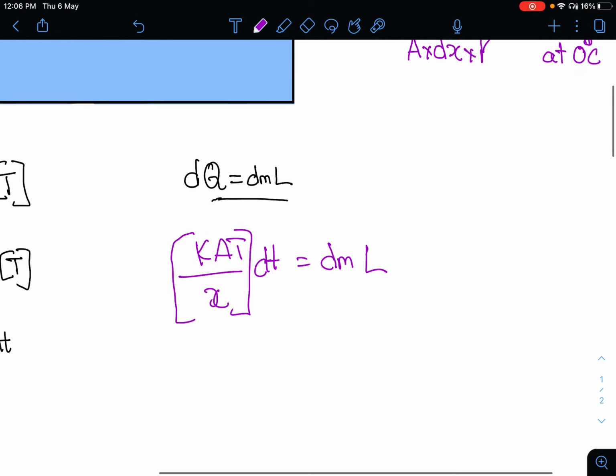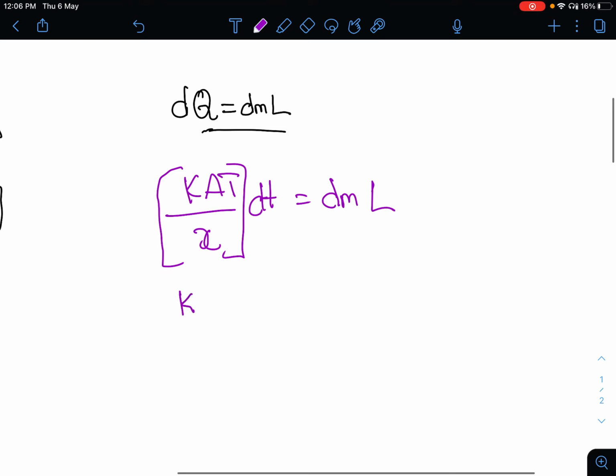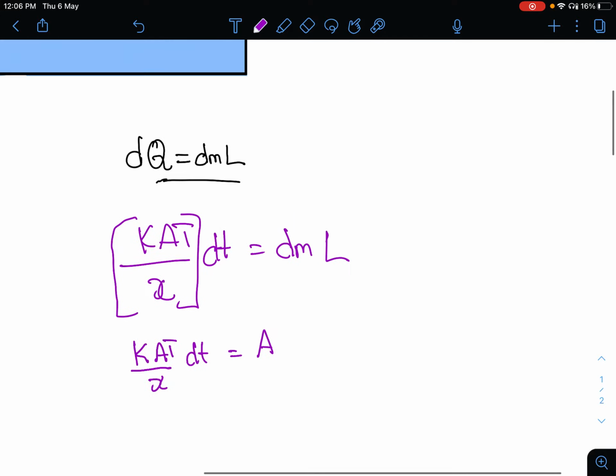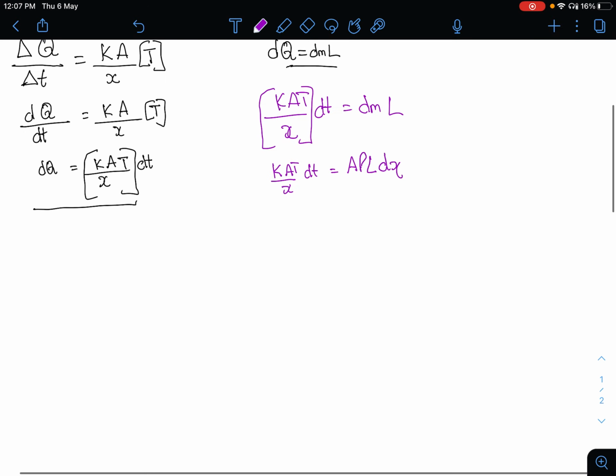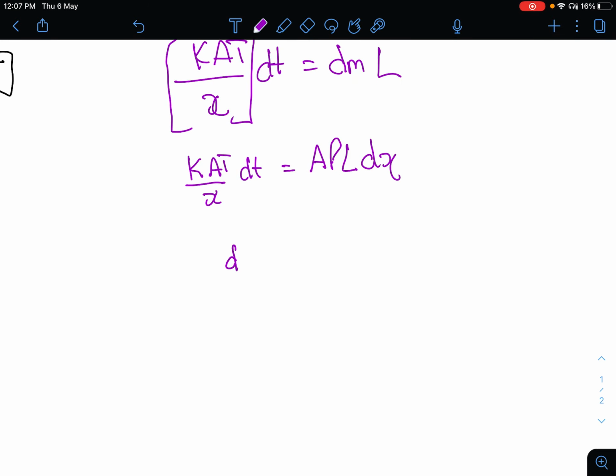Okay. Now this can be written as KAT by x dt is equal to A rho L dx.